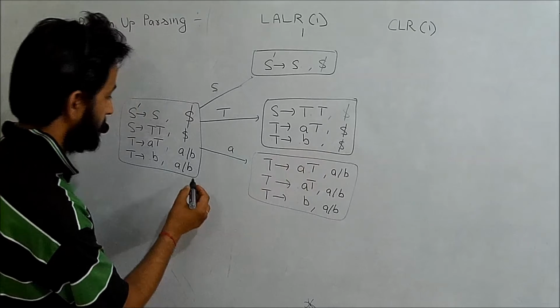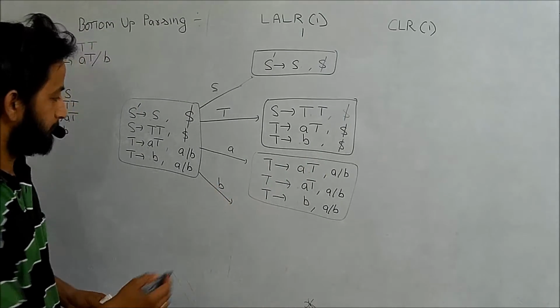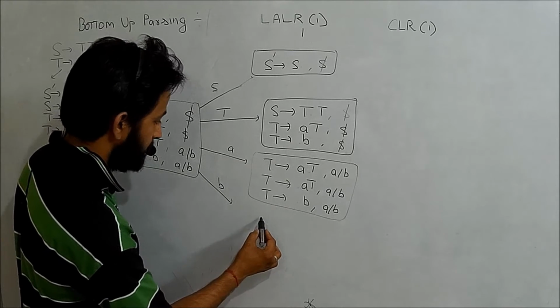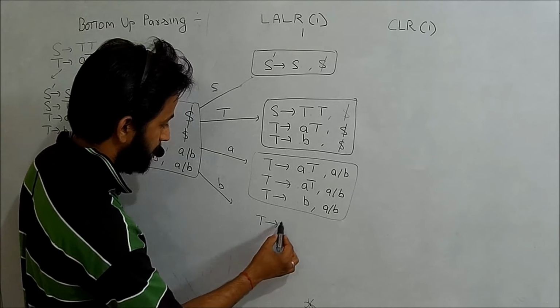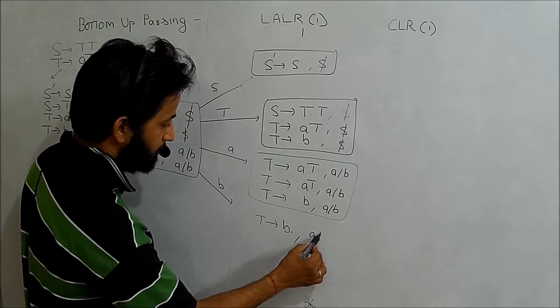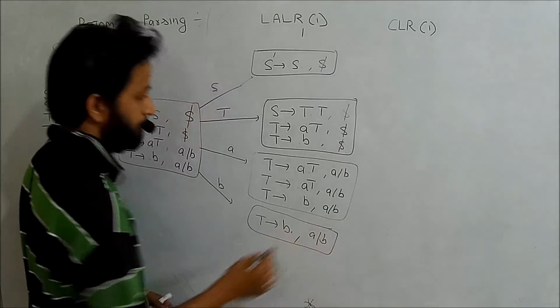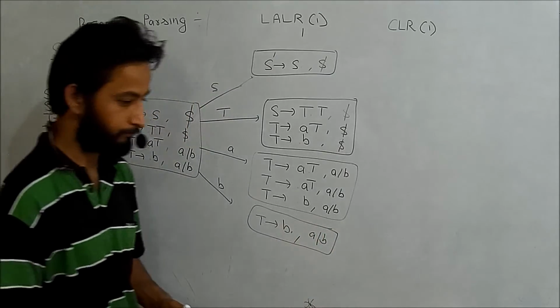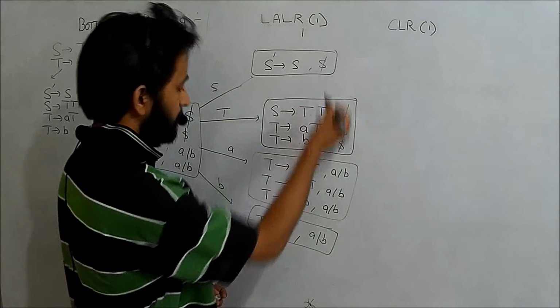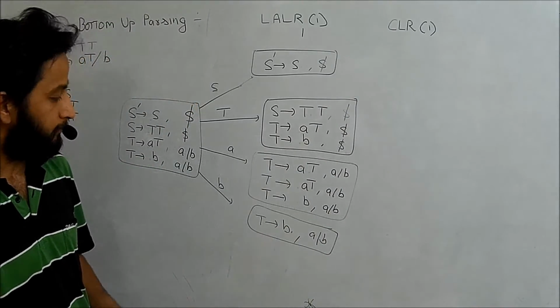And next we have is b. Okay, so when we move the dot over b, it will become this, and the look ahead will remain as it is. This is the final item. This is also the final item because the dot is at the rightmost side.